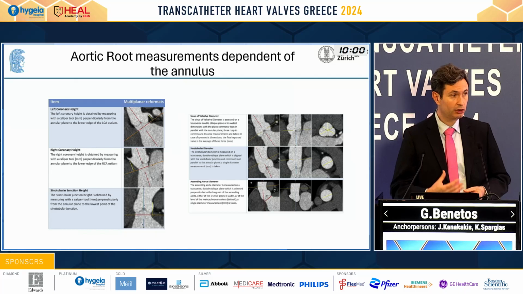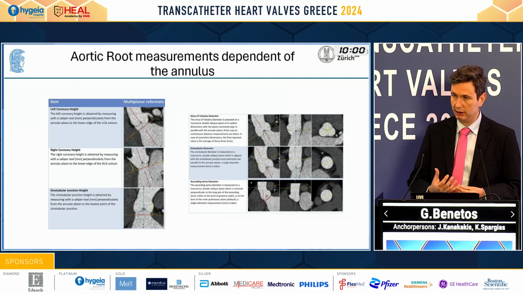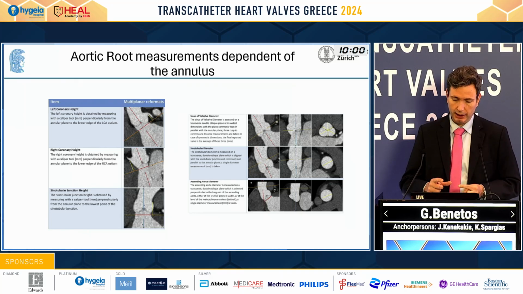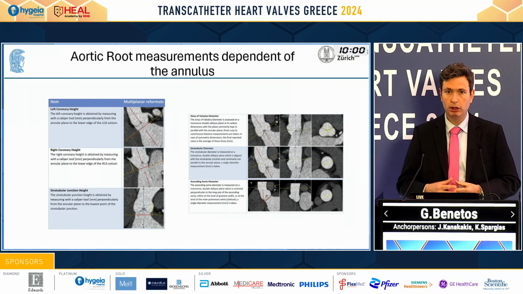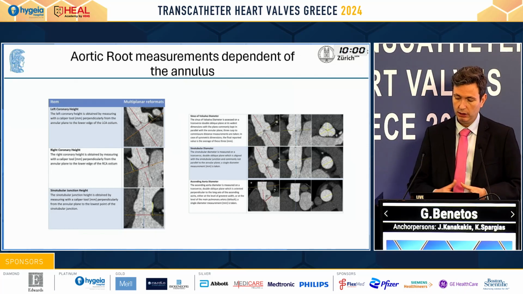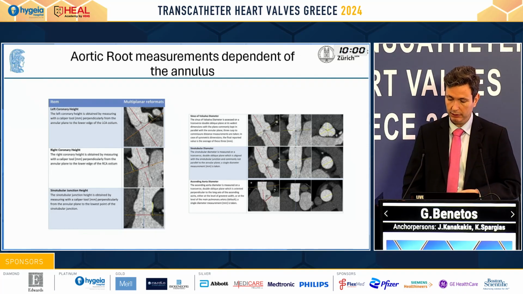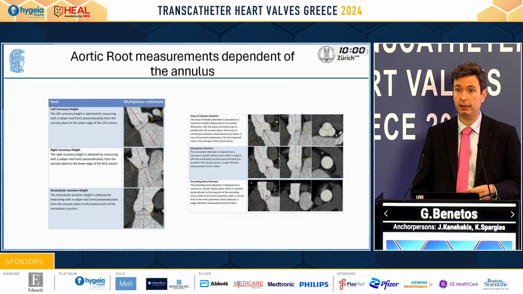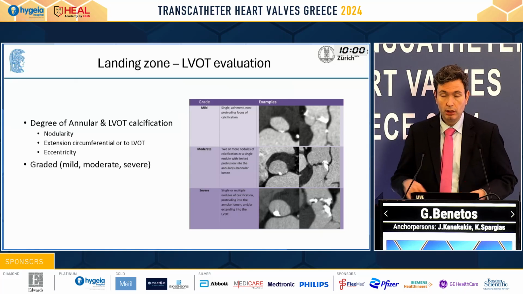The sinotubular junction height, and in this case we also measure the height of the sinuses, we want to be more than 20 in order to be safe for our TAVI implantation. Then the sinus of Valsalva diameter, sinotubular junction diameter, and ascending aorta diameter.